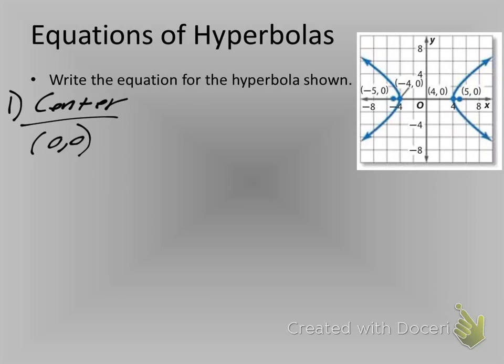All right. Now, just like ellipses, you need your center, you need your a, you need b. You may need c, depending on what you're given. But you definitely need a and b. All right, so a.